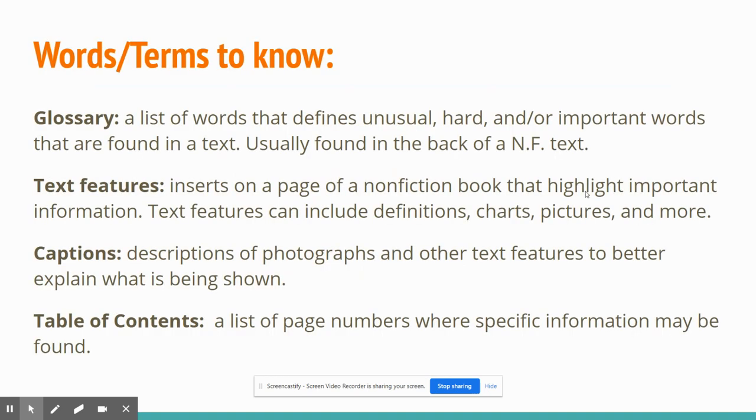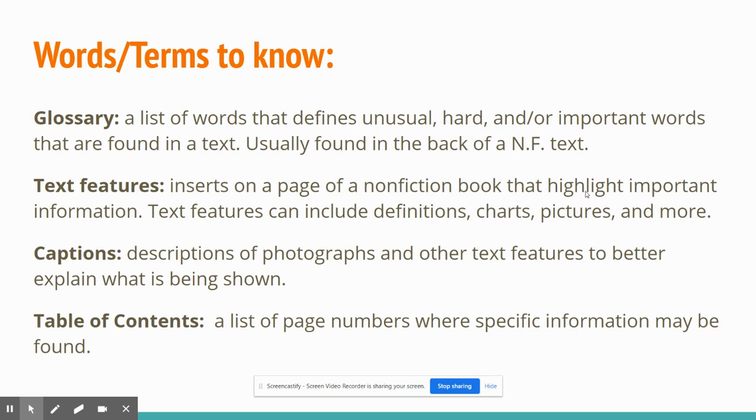So, you'll remember these four words that connect to nonfiction texts: glossary, text features, captions, and table of contents. Remember, a glossary is a list of words that defines unusual, hard, and or important words that are found in a text.